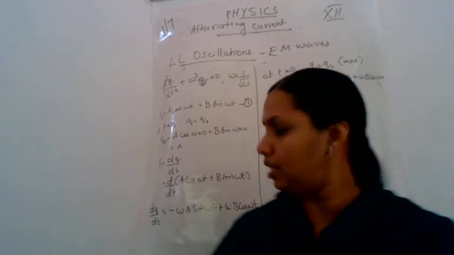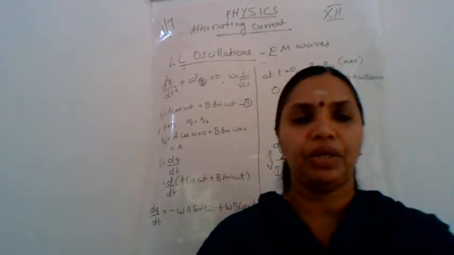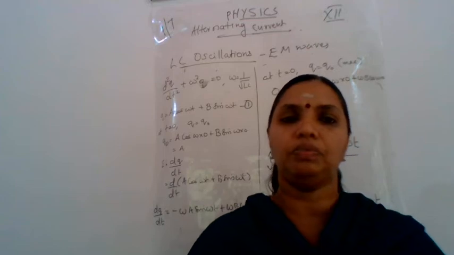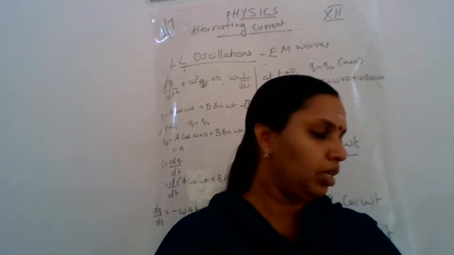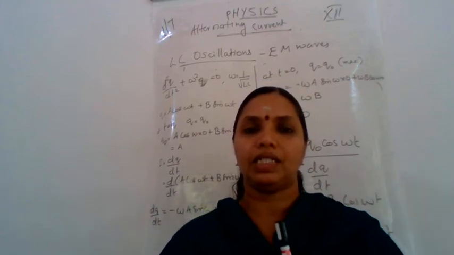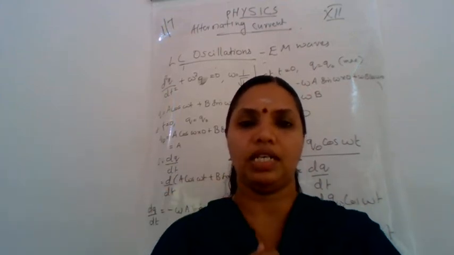Calculate its frequency, that is omega, 2 pi f. Okay, f is equal to 1 by 2 pi root LC. So that is about the mathematical explanation for this LC oscillation.